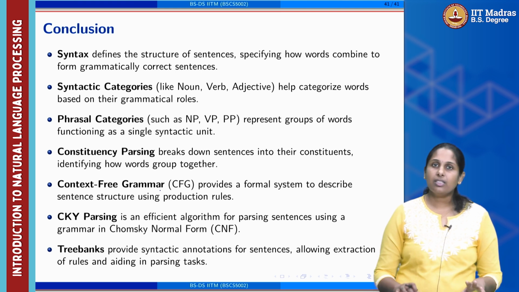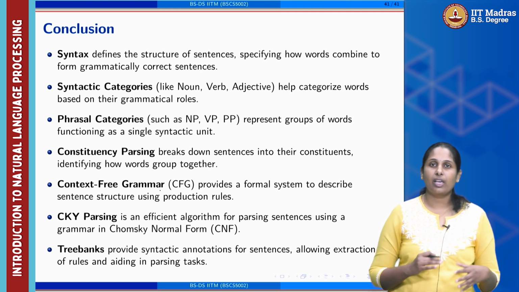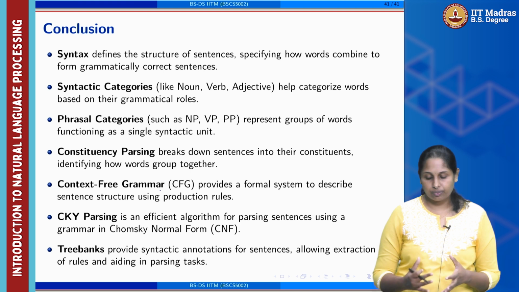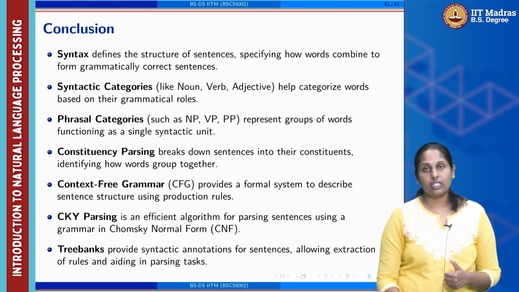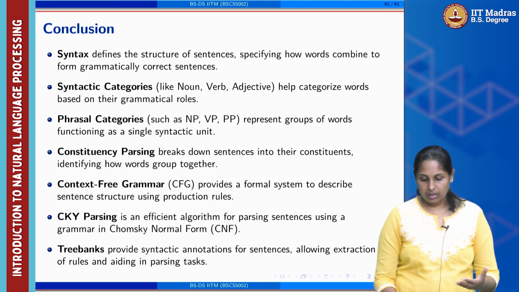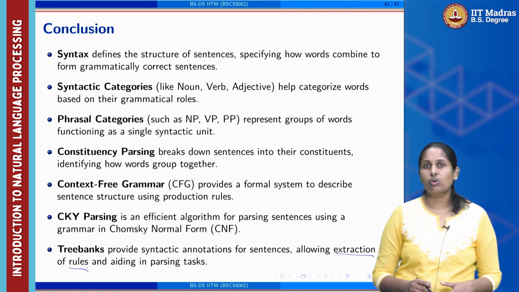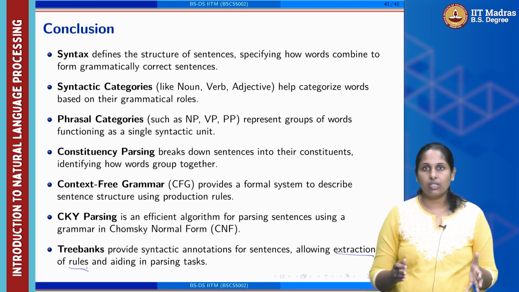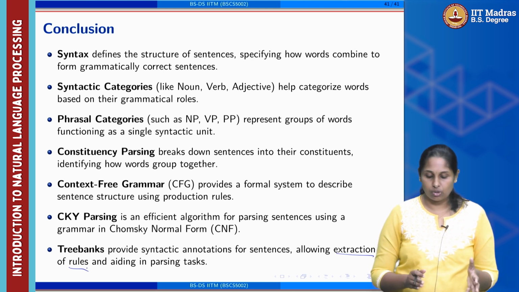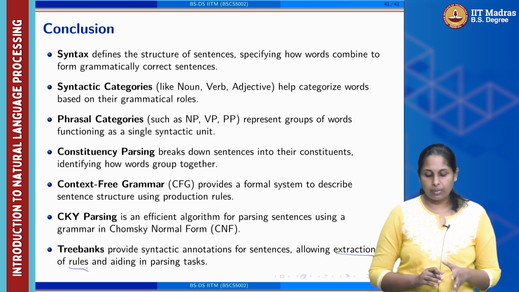Treebanks are very important because they are linguistically rich resources where sentences are annotated with the kind of information explained here, which helps us extract the rules, and the relations across words and their phrases can also be extracted through this task.